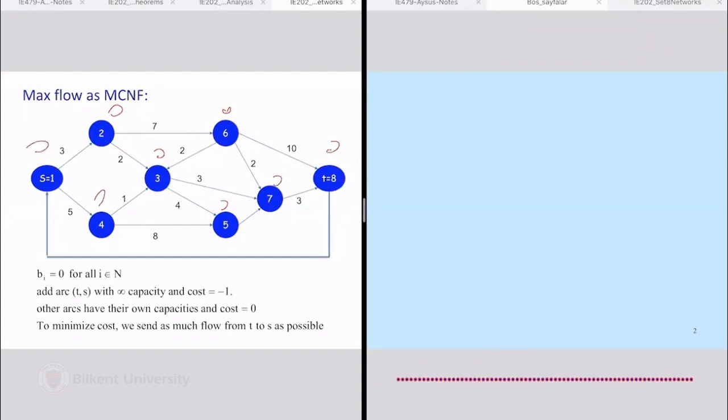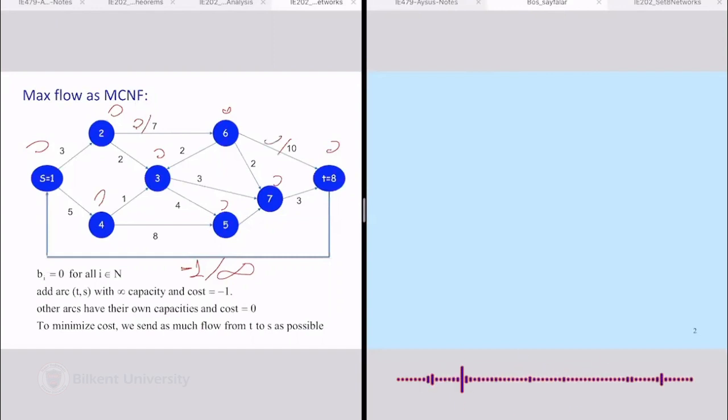Every B is 0. I'm adding a new arc. This new arc's cost is -1 and upper bound is infinity. Then the cost of everybody else is 0. Upper bounds as given.